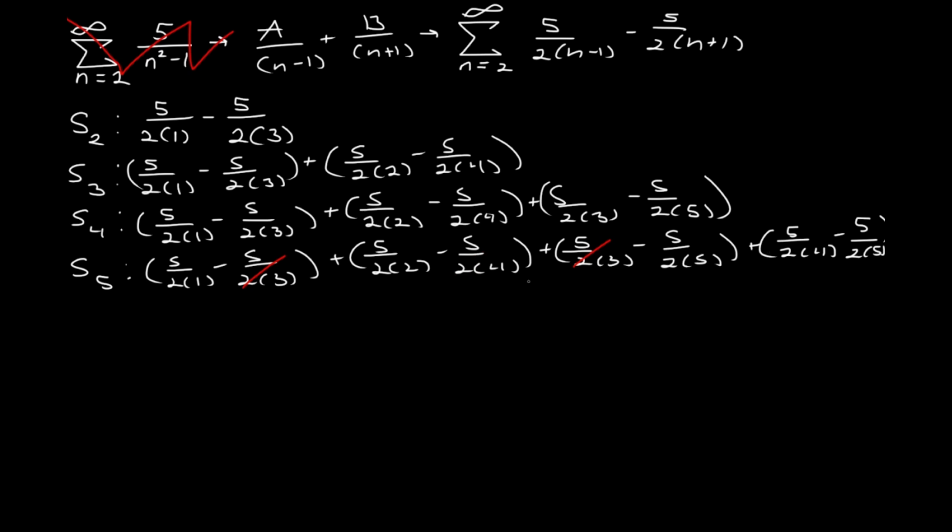Actually, here, let's cut back here. We have a -5 divided by 2 times 4 here, and we have a positive 5 divided by 2 times 4 over here. You can cancel those two out. And I believe that's all we can cancel out right now. And this should be a 6 over here, not a 5.